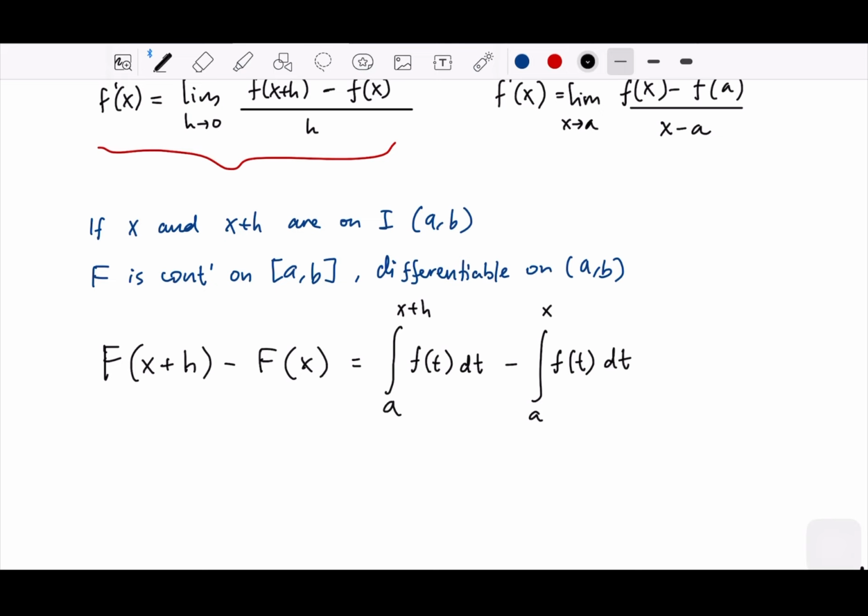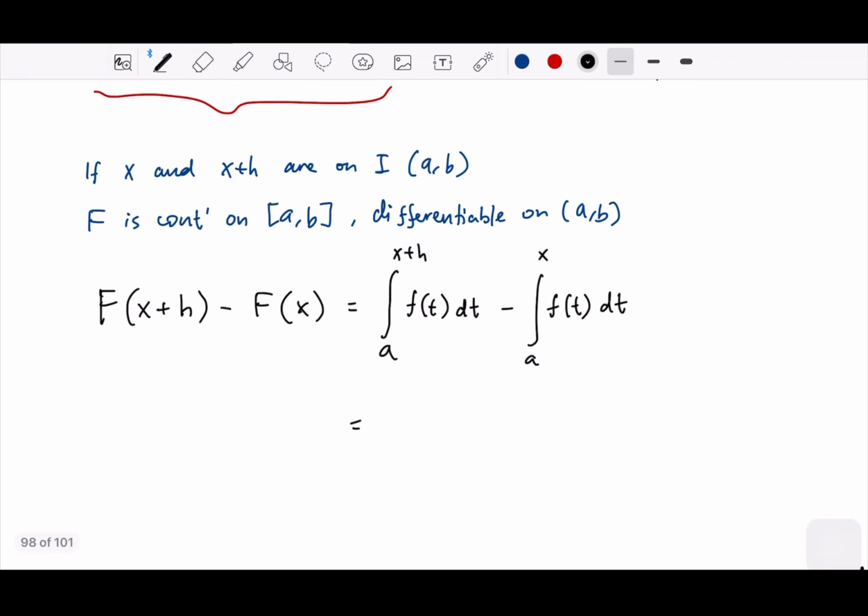So we could actually separate this integration to become a to x and x to x plus h. Okay? So we could separate the integrations. This becomes a to x and then plus x to x plus h.